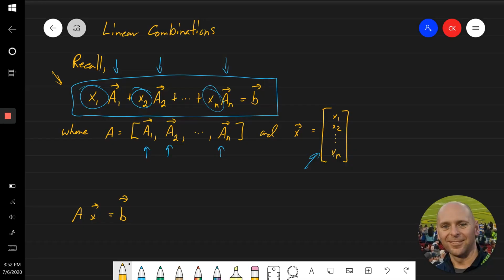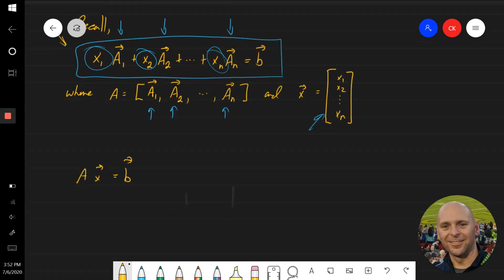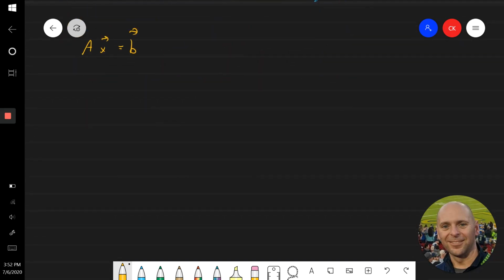We'll work out an example where we can understand exactly how this works a little more clearly. So here's our example. We're going to take B to be the column vector 3, 8, 1. A1 is 1, 2, negative 1.